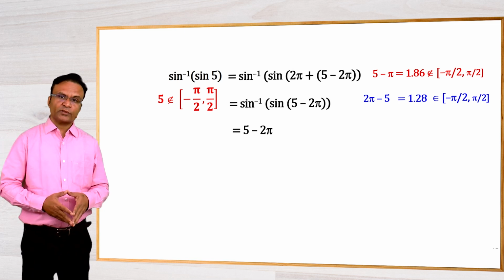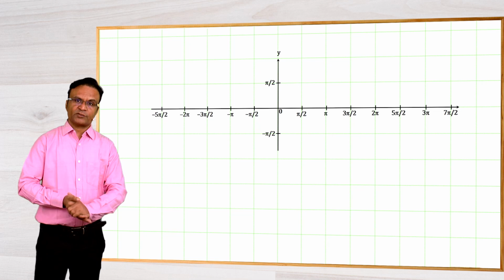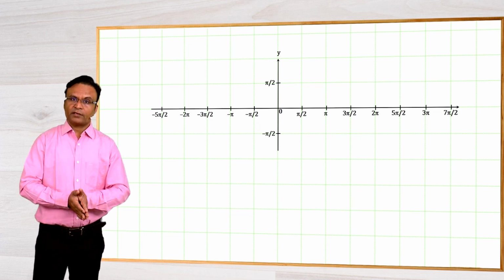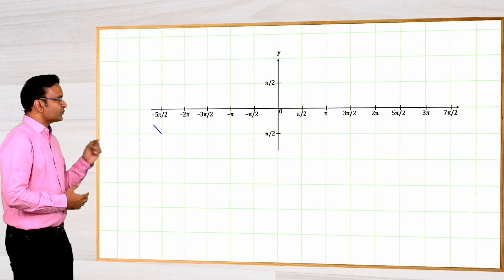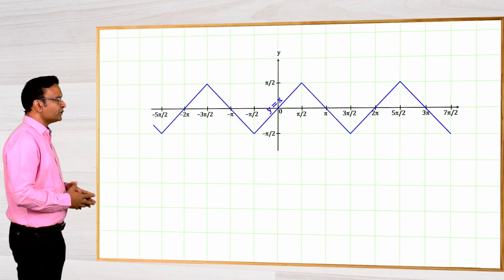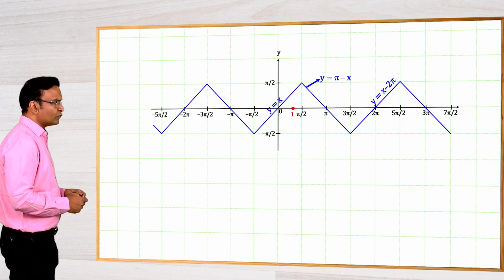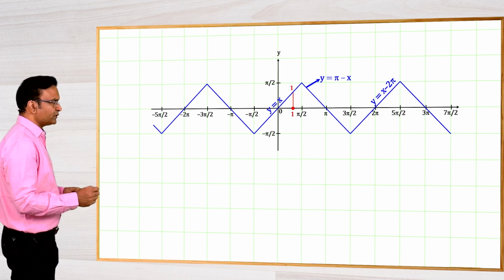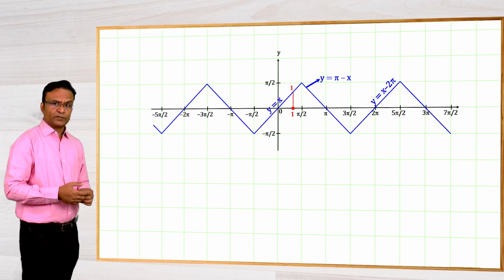Let's see these values on the graph of y is equal to sin inverse of sin x. जो हमने ग्राफ डिस्कस किया था हम उसको यूज करते हैं. So here we have the graph of the function. For x is equal to 1, this value of x falls in the region where the function is y is equal to x.